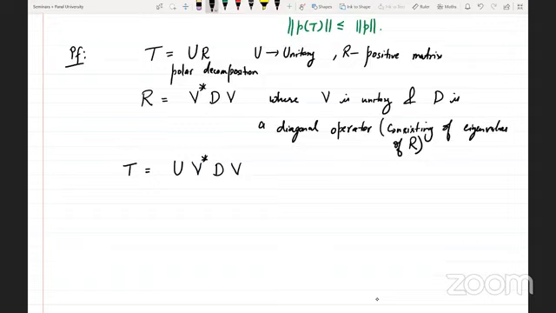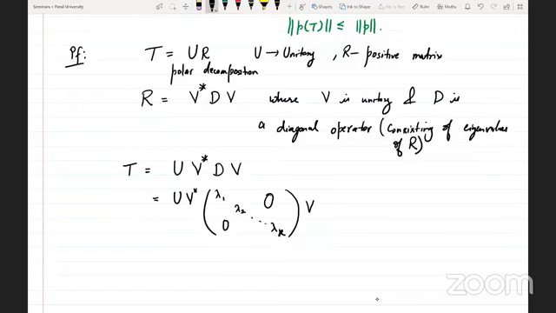So let's write down D to be something like this, with K entries.